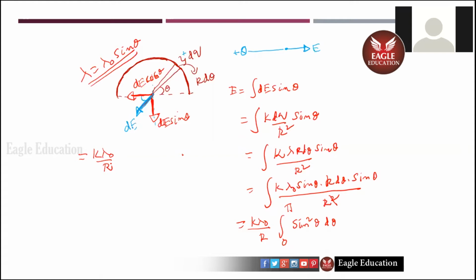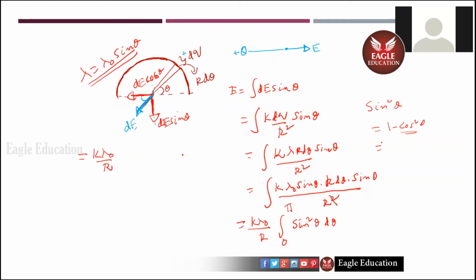One second, sir. First tell me the formula for sin square theta in terms of cos, then we'll write that. You can't give the answer directly. Sin square theta can be written as what? 1 minus cos square theta. What is the use? If you write like this, once again a square will come. Yes, sir.